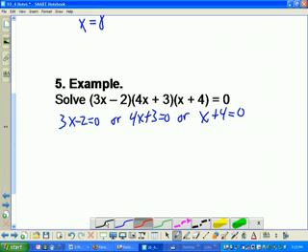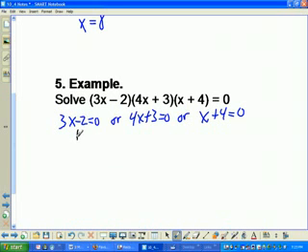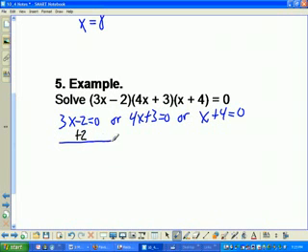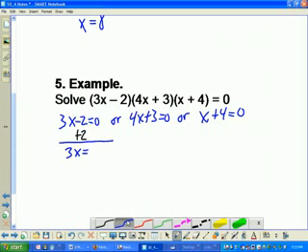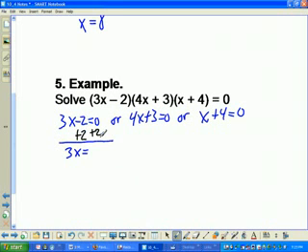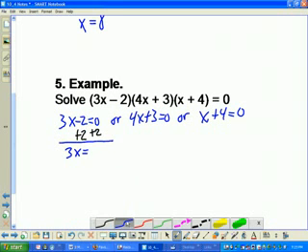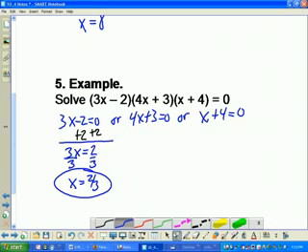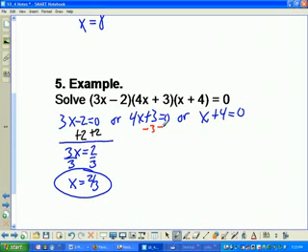So I'm going to add 2 in the first case. Let's do the first problem throughout. So then I'm going to get 3x equals 2, forgot to put the plus 2 on the other side there. 3x equals 2. Divide both sides by 3. X equals 2/3. Then I go to the second problem. I'm going to subtract 3 from both sides first.